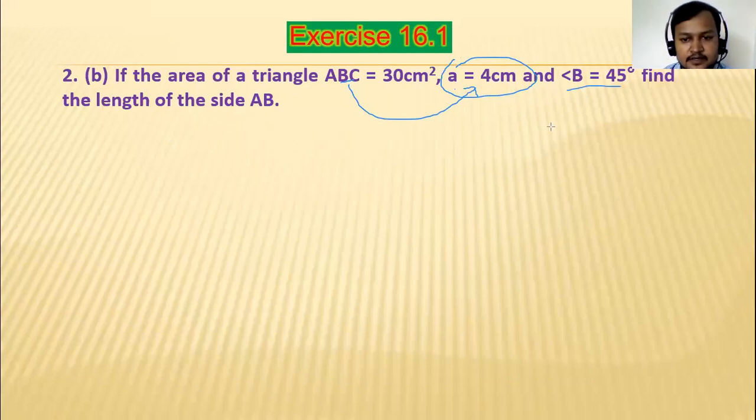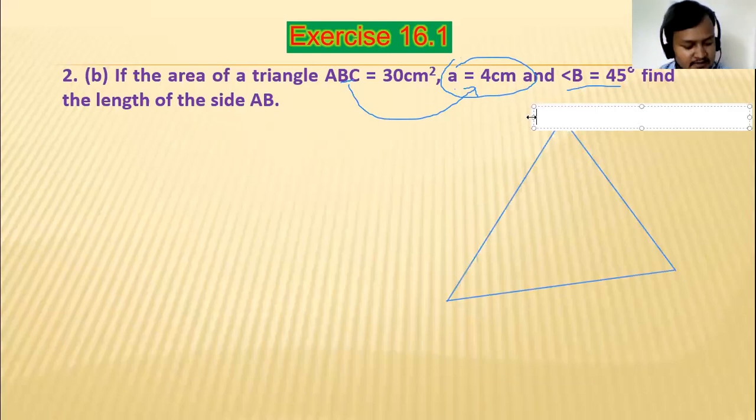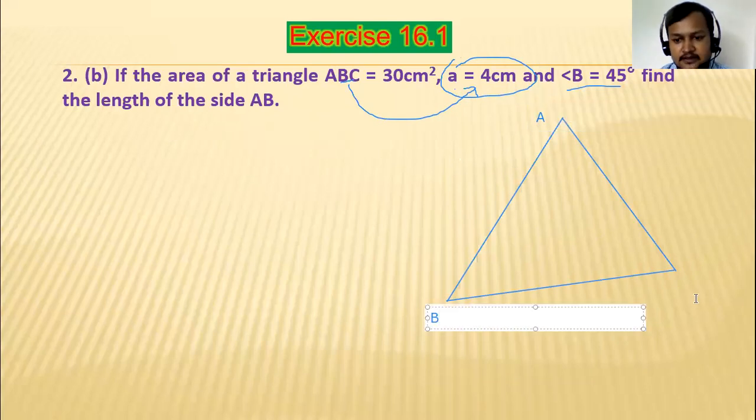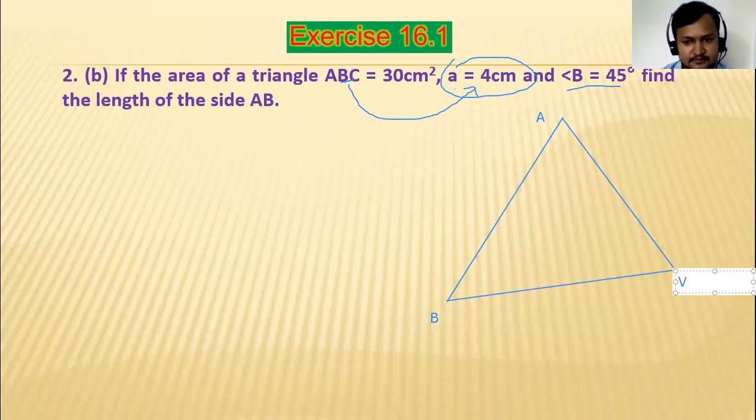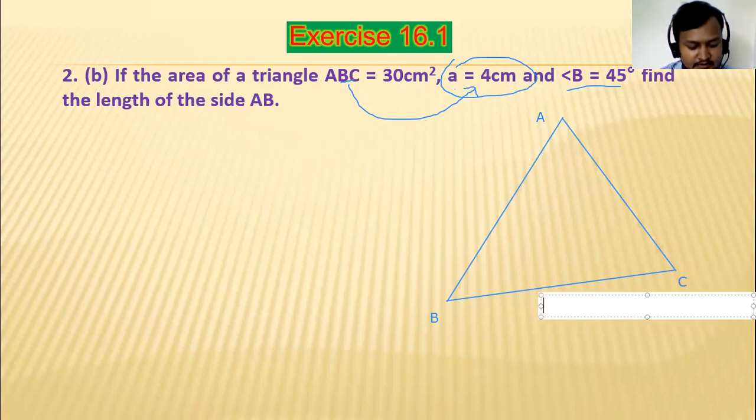Let me draw it here for you to make it understand easily. This is A, this one is B, this third one is C. Now a means 4 centimeter. This is BC, 4 centimeter.